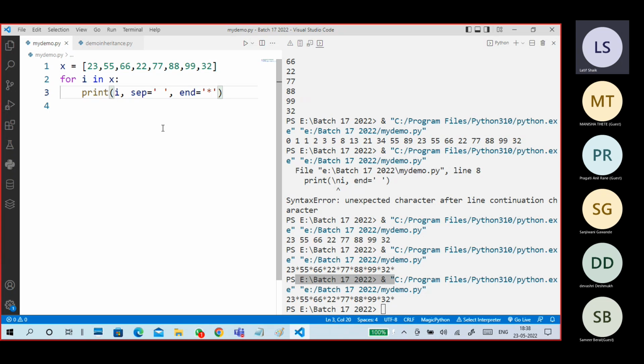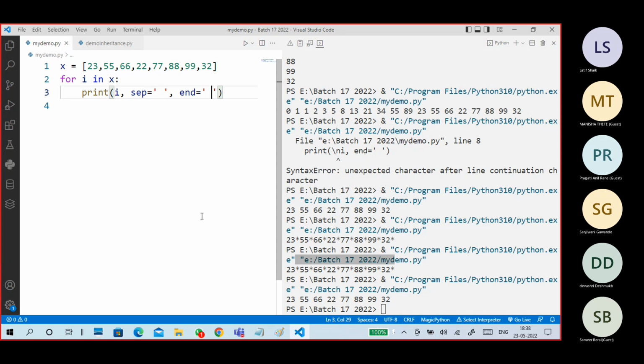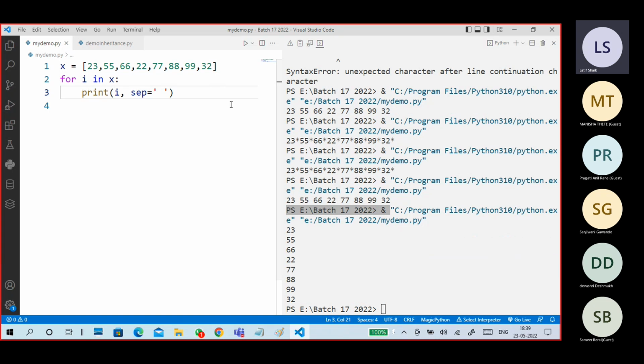It's not working, so end or separator we have to use. End is working. If you want to use sep, I will show you.